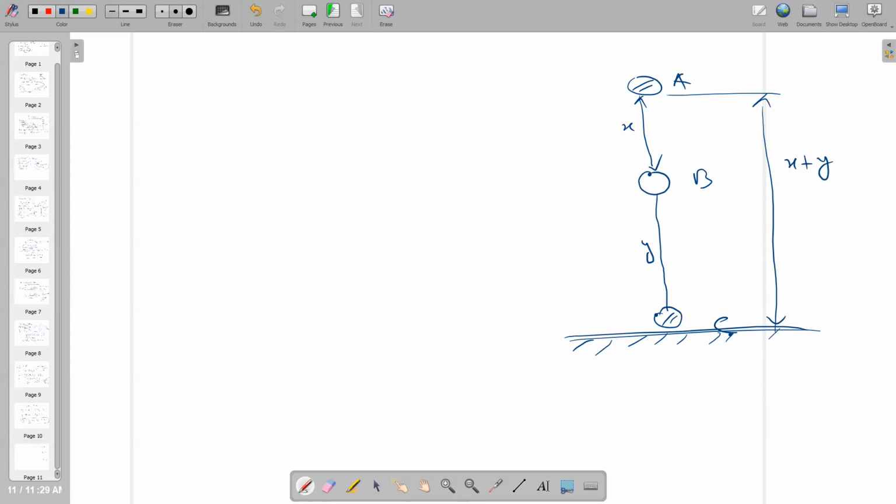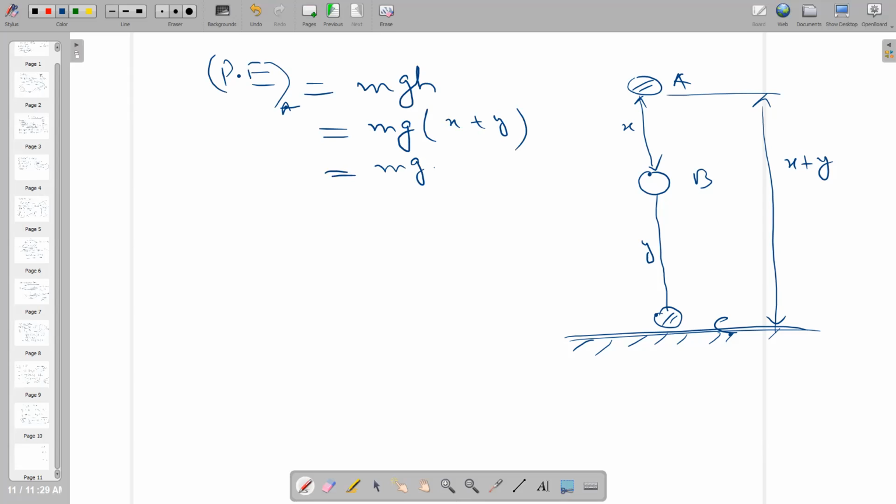Now all things are clear. If any person asks what is the potential energy at point A, what will you say? You will say mgh. So h from the ground is X plus Y, so the total will be mgx plus mgy.